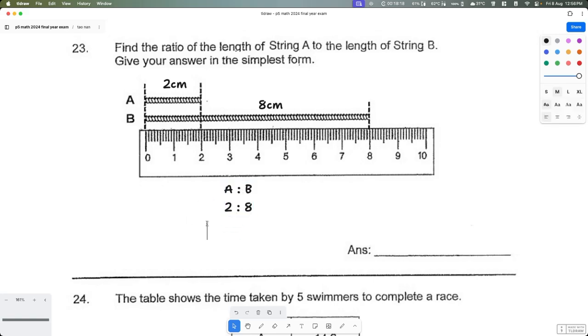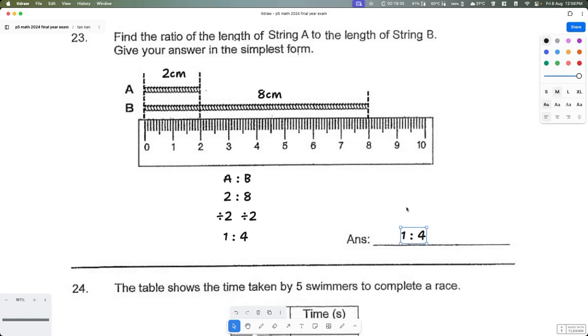We can divide this by 2, so divide both by 2, and that means this will be 1 to 4, and that's it. 1 to 4 is the correct answer. Okay, let's move on to the next question.